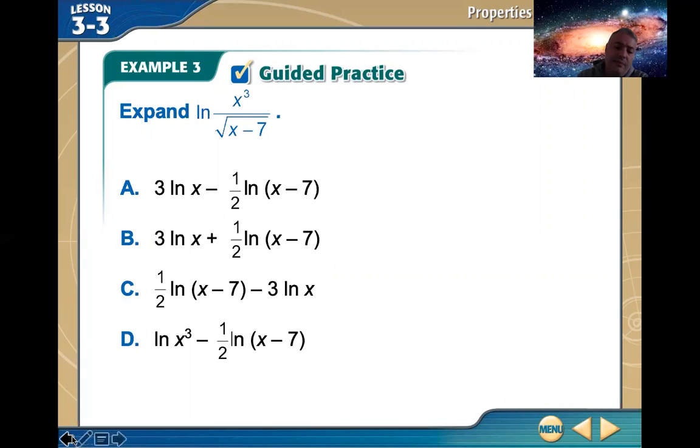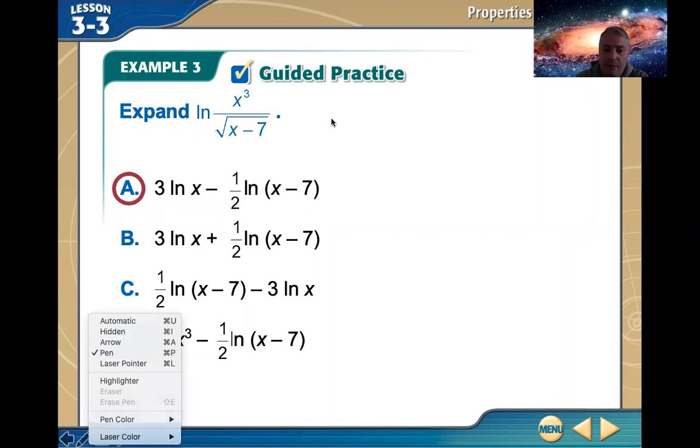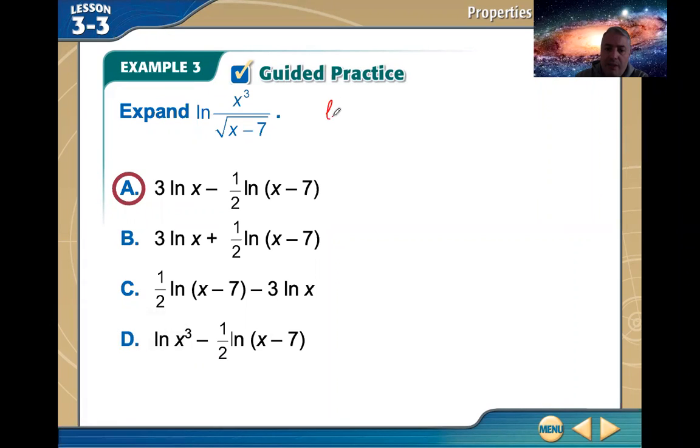So let's see what the answer is. The answer is A, x cubed. Let me explain quickly, maybe there could be a problem for some of us. ln x cubed minus, since we have division, ln radical of x minus 7. Then for x cubed, take the 3 in front: 3 ln x, and minus.